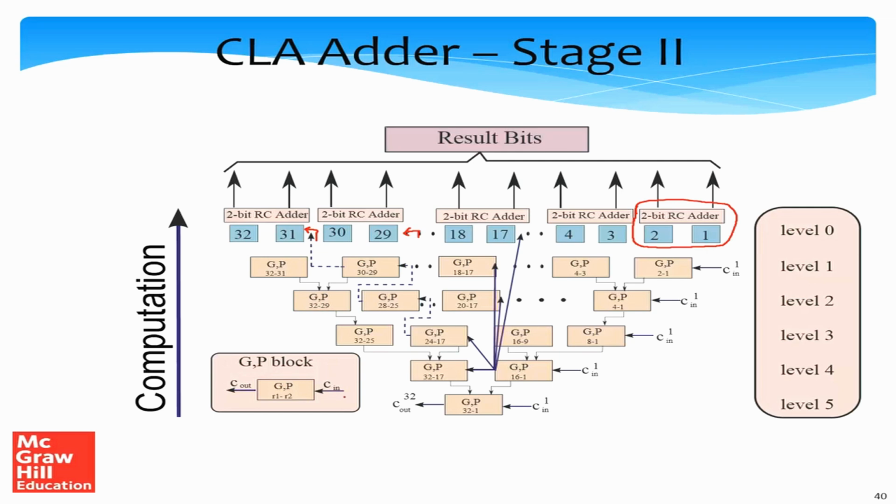For each of them, if we get the carry in, we can always compute the carry out with a simple equation, which is: carry out is the generate value ORed with the propagate value ANDed with C in. This is a very simple thing. It requires one OR gate and one AND gate. It's constant time per block.